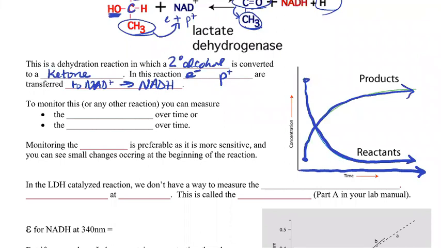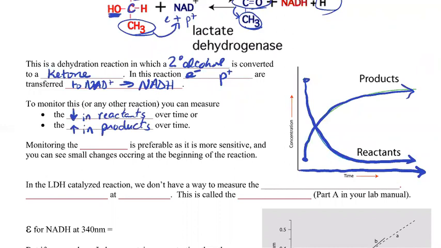So you can monitor the progress of the reaction by looking at the decrease in reactants over time, or the increase in products over time. Either way, you're monitoring the progress of the reaction.